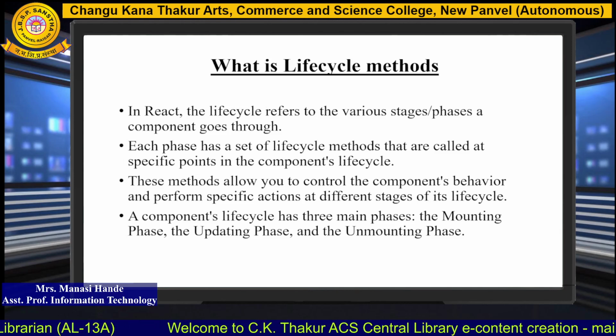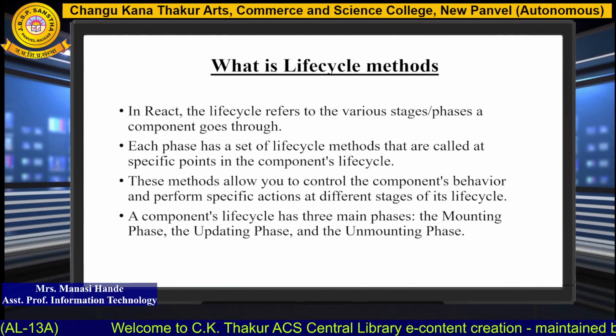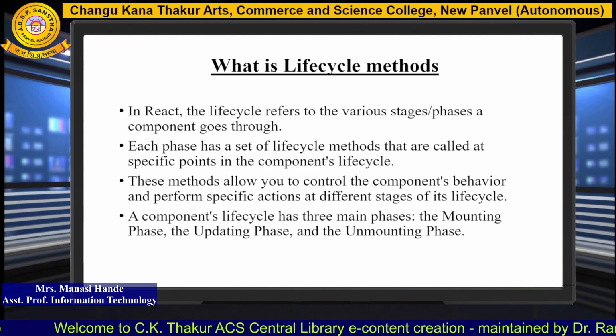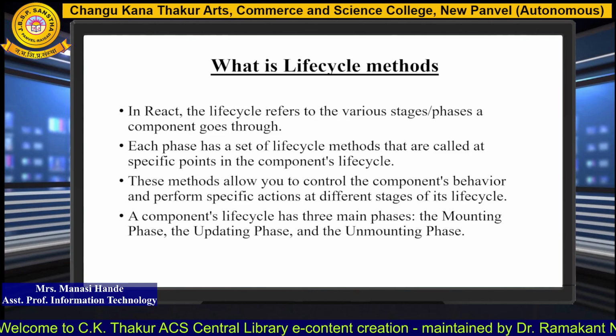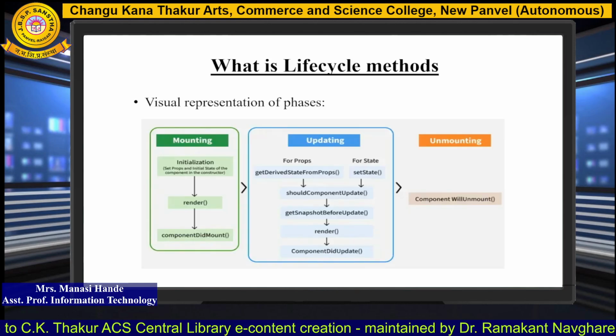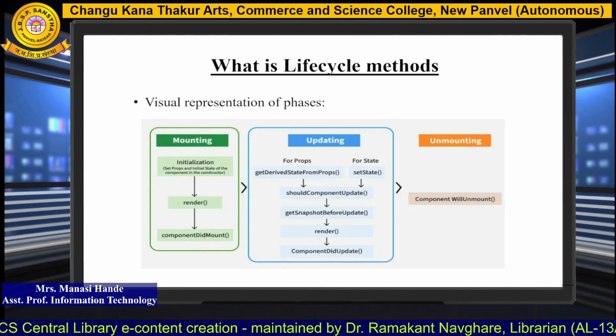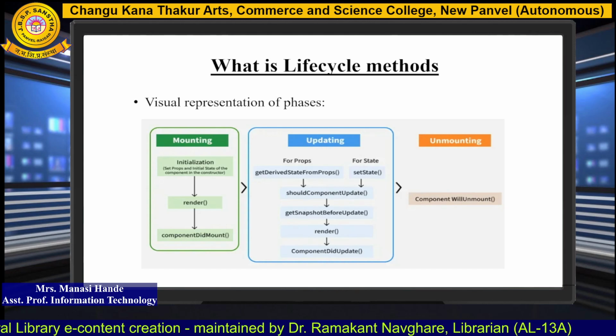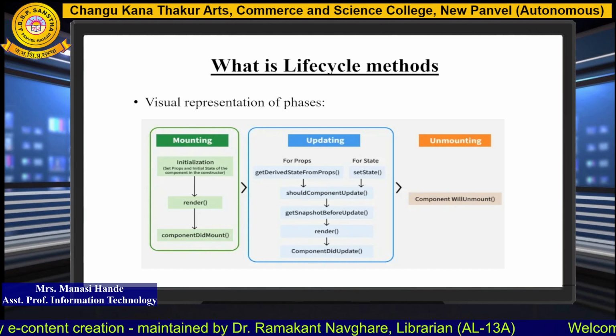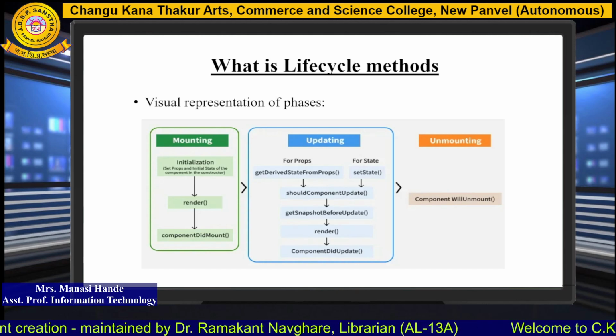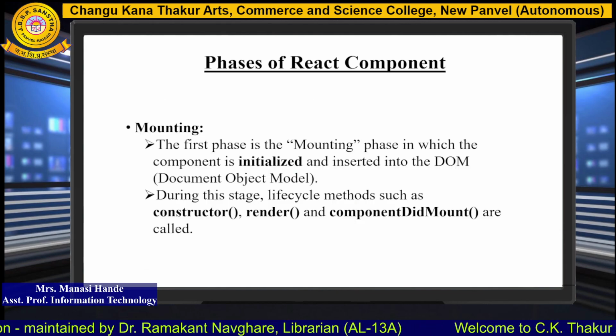A component's life cycle has three main phases: the mounting phase, the updating phase, and the unmounting phase. This is a pictorial presentation of the life cycle methods. As you can see, there are three phases: mounting, updating, and unmounting, and each phase has its methods.